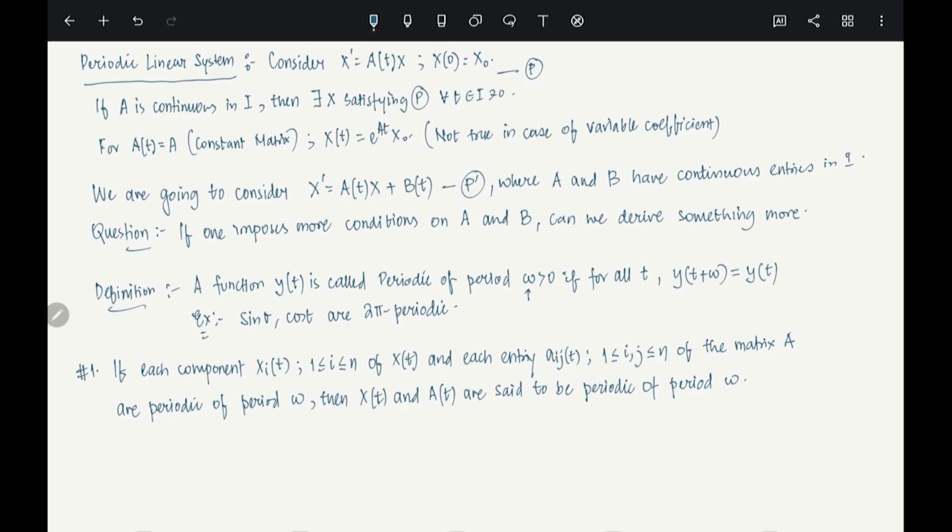Now, periodicity is a very, very important aspect of study. Why? Because if you think about it properly, what does an ODE do when we study a system or an equation? Essentially we are trying to model physical situations. Most physical situations which we deal with are generally periodic.